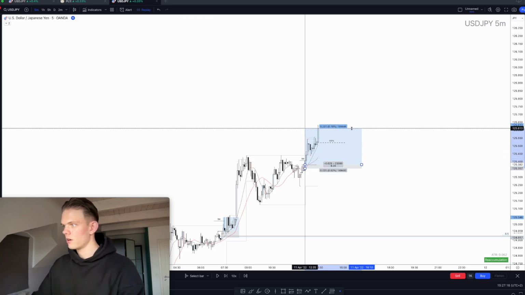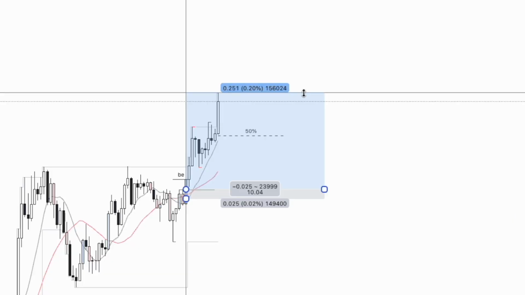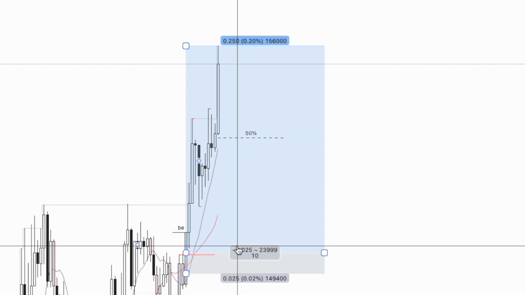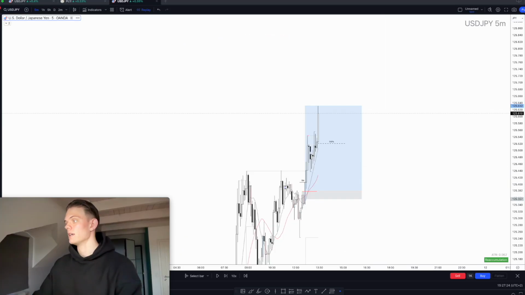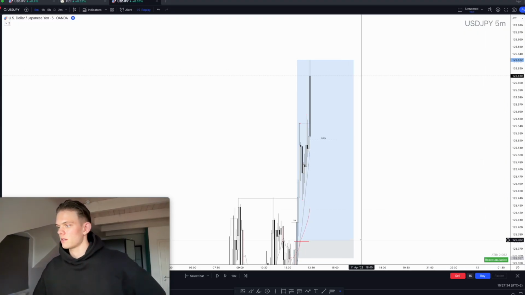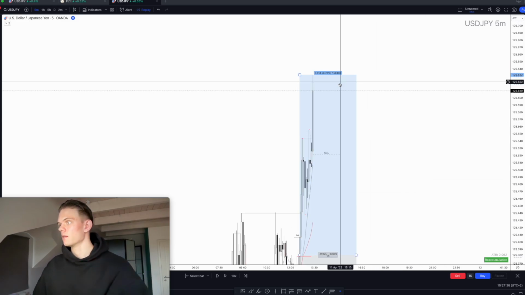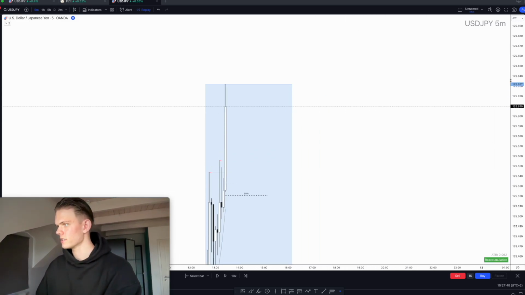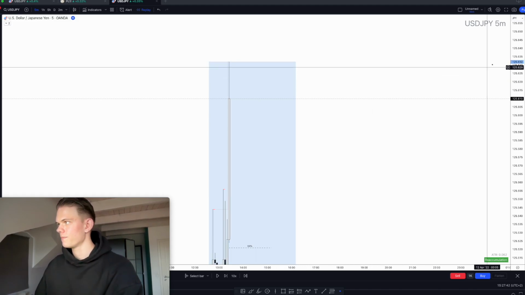Where is 10R is my next question. 10R would be here, and because we didn't have any range updates, I do want to manage my full stop as soon as price is 10R away from my full stop. And since my full stop sits at break even still, I put this on 10R, which it is right now. And as you can see, we touch 10R.